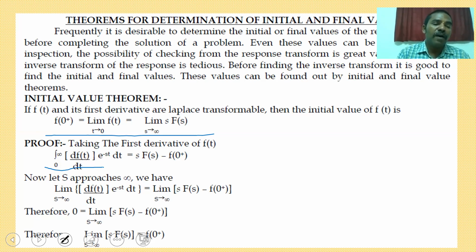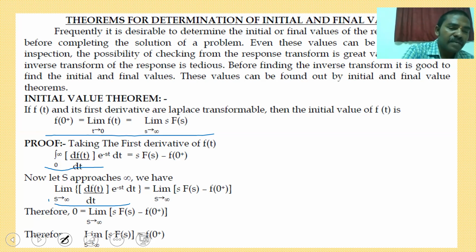To go for s equal to infinity, I am multiplying both sides by limit s tends to infinity. So limit s tends to infinity of the integral of df(t) by dt e power minus st dt is equal to limit s tends to infinity s into F of s minus f of 0 plus.